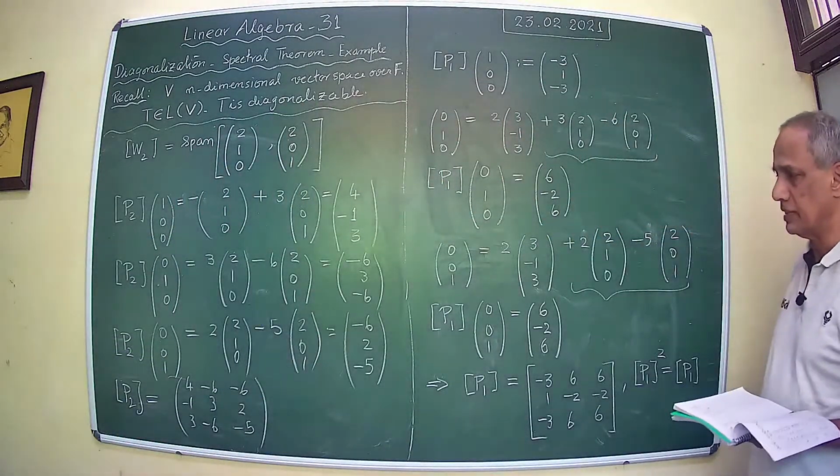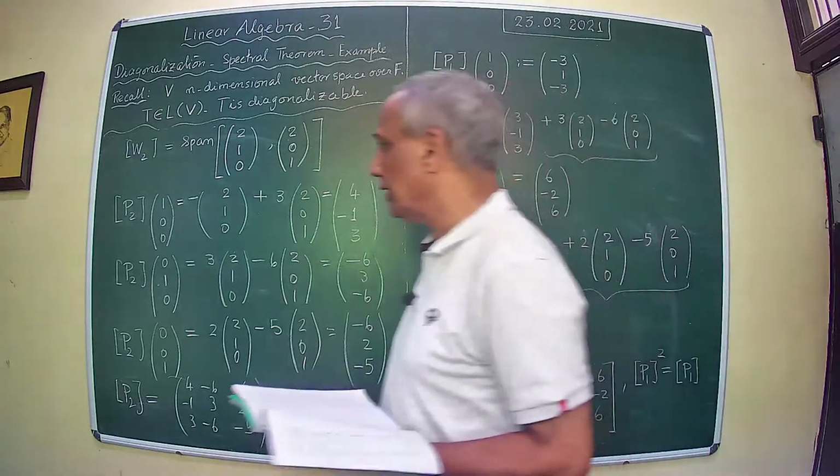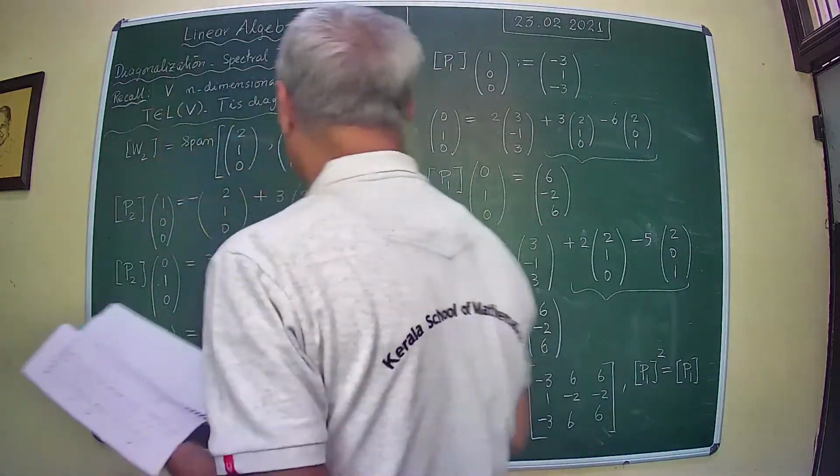That is the matrix representation for P2. Okay. Similarly, we will write P3. Okay, P2 is that.